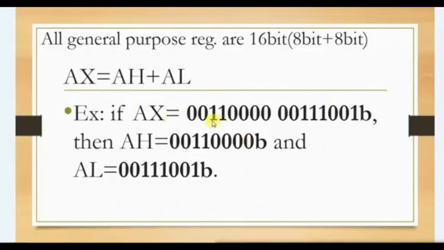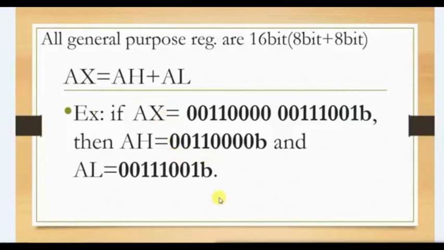See, AX is in total 00110000, that is 8 bits, and again 00111001, where B represents binary numbers. So there are 16 bits in the AX register, but the first 8 bits of the AX register hold the data for the AH register.